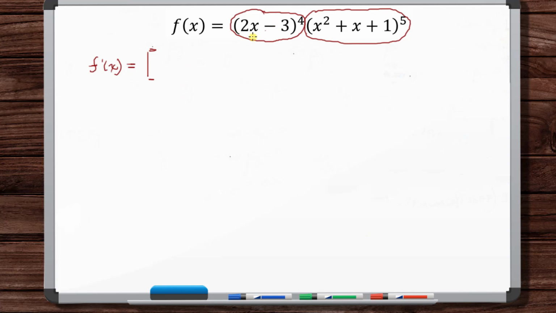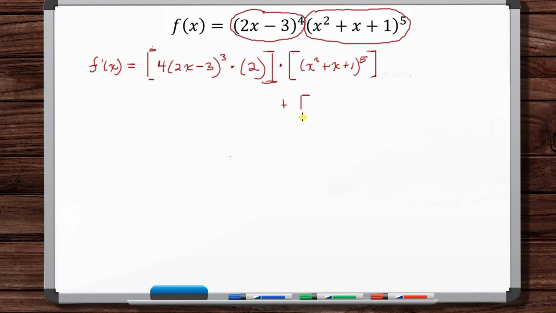We've got something to the 4th power, so 4 times that something cubed, right, times the derivative of that something. Derivative of 2x minus 3 with respect to x is just 2. Okay, so that's the derivative of the first times the second. Just write the second.